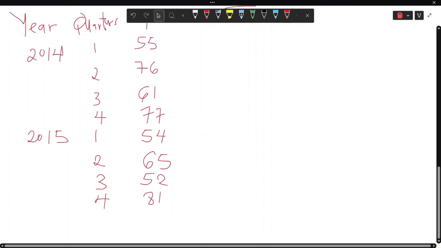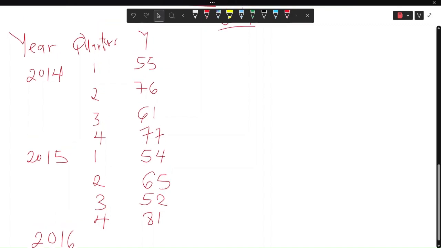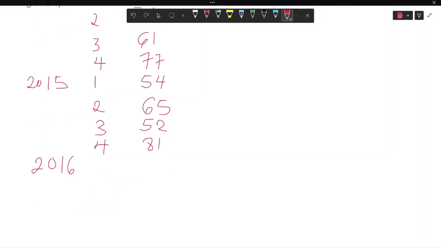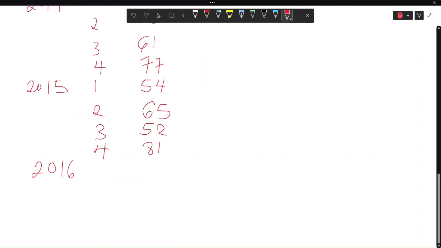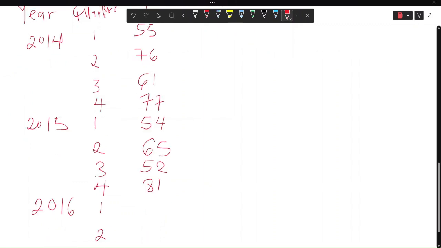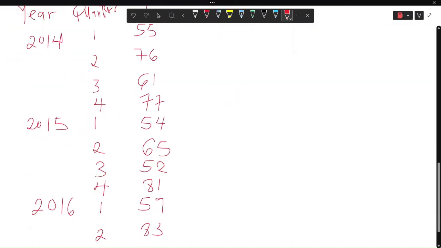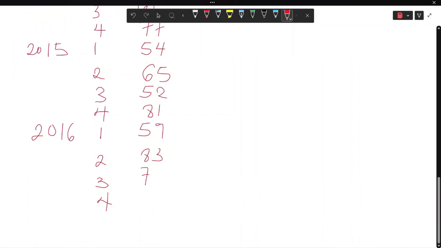Then lastly we have 2016, also quarter 1 through quarter 4, with figures of 59, 83, 78, 93.